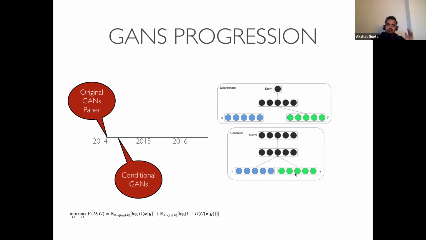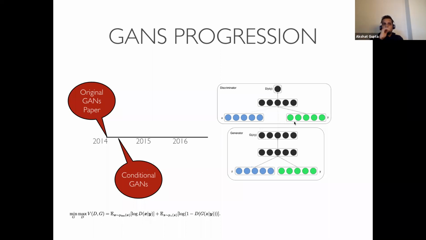For MNIST images, we condition the generation on another vector, which could be one hot, with one hot vector representing each class of digits. So now the generator learns to produce images conditioned on the input one hot vector as well. We also condition the discriminator with the same vector.